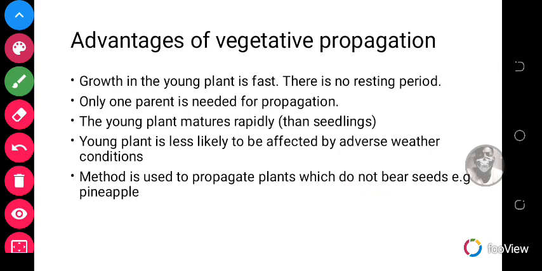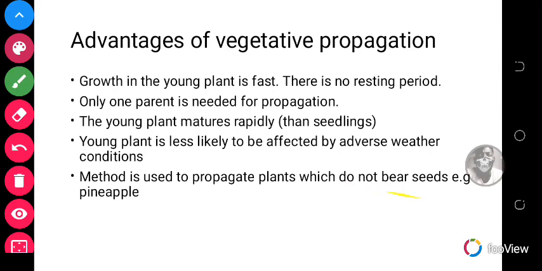And lastly, the method is used to propagate plants which do not bear seeds, for example, pineapple. So these are the advantages of vegetative propagation.